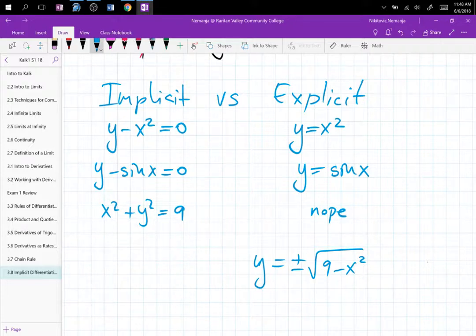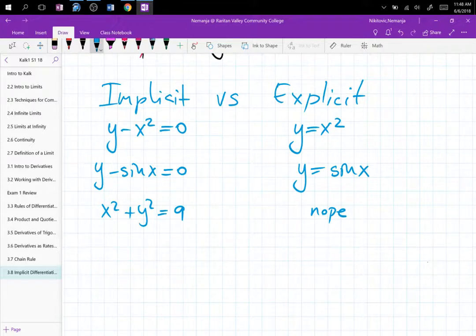Not a function. So you can't write it in the explicit form and do derivatives and calculus and integrals and all this kind of stuff, because x squared plus y squared equals 9 is not a function. So it does have its implicit form. You can move 9 and equal it to 0. It doesn't matter what you do, right? But you can't write it as y equals everything else. And there are many things like that.